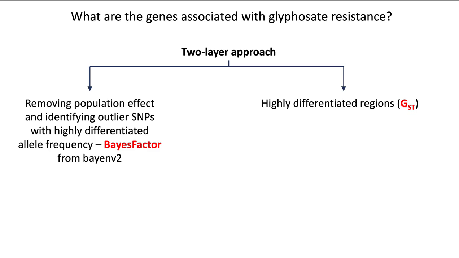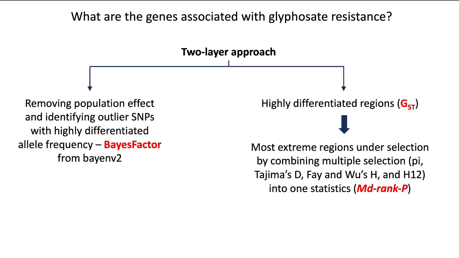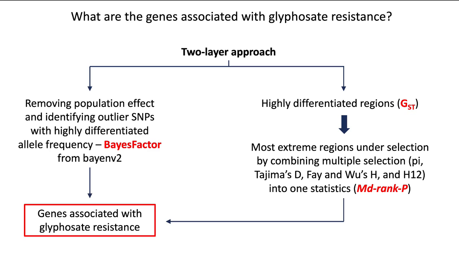Now, to narrow down on the candidate genes, I then performed multiple selection tests like pi, Tajima's D, Fay and Wu's H, and H12, and then combined all of these into one statistic called mid-rank P, which I then used to identify regions under selection. Furthermore, results from both of these approaches were combined to find common genes, which were then defined as the genes associated with glyphosate resistance.